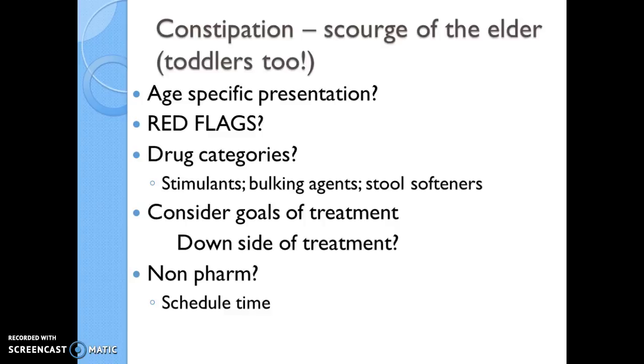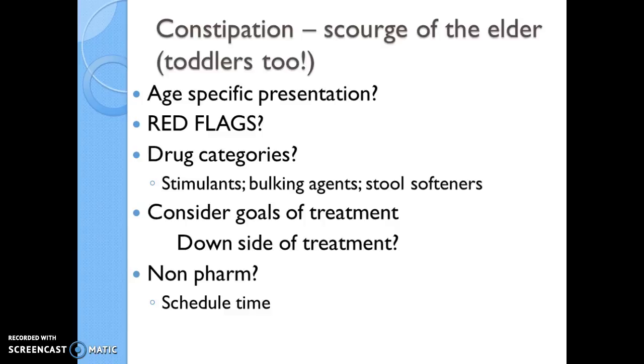On the other end of the spectrum, functionally, the toddler tends to have a very low residue diet, preferring things like mac and cheese, drinking milk. They might have plenty of fluid going on, and they certainly are moving around, but their diet is pretty low residue.